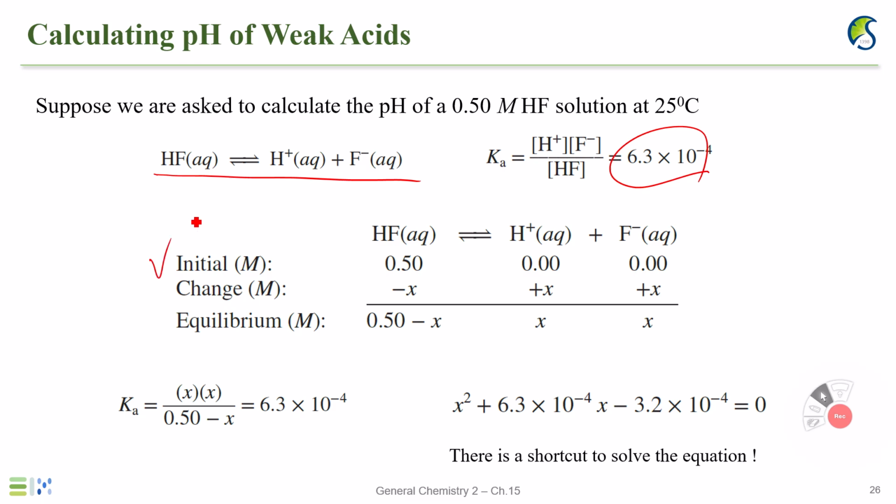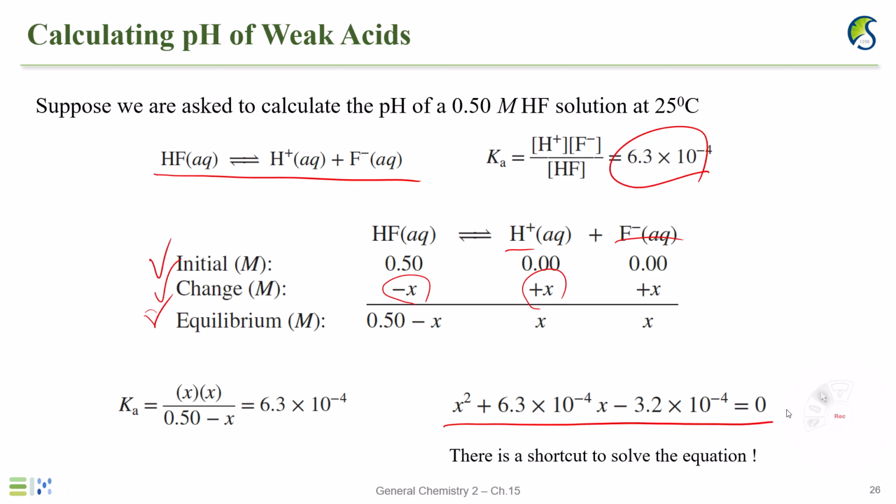So from the initial value, you can expect the HF will decrease and the H plus and F minus will increase in the same stoichiometric ratio. So you can write down the equilibrium with unknown variable x, and you can make an equation to calculate the Ka, and you will get this quadratic equation.